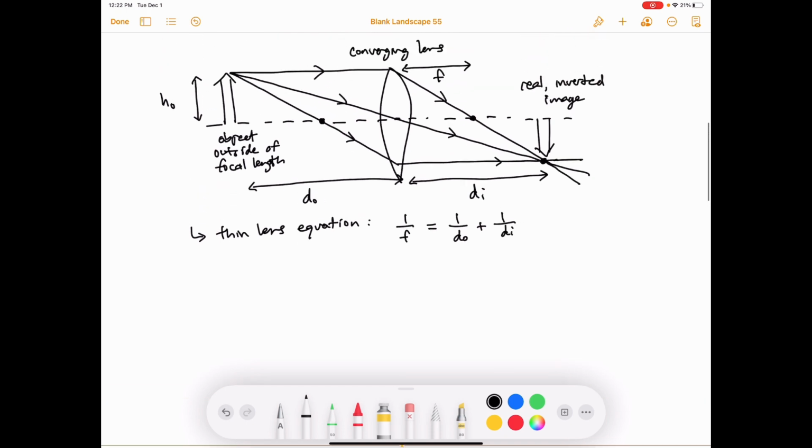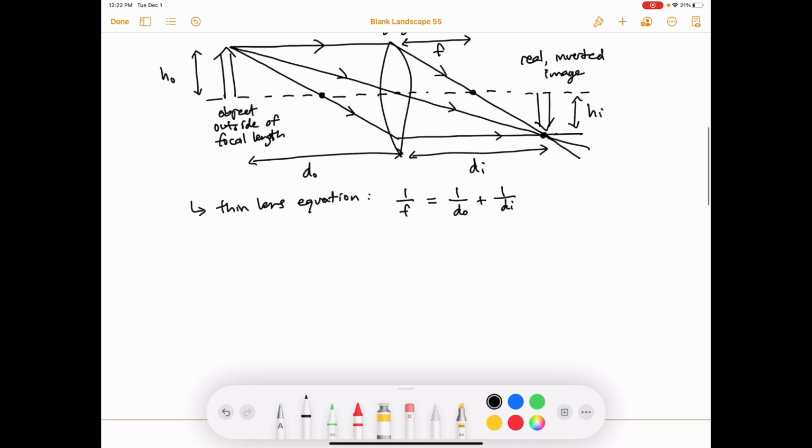Another thing we might be interested in is the magnification of the lens. In other words, we have HO for the height of the object. We also have HI for the height of the image. How do those two relate to each other? Well, the definition of lateral magnification is just that ratio.